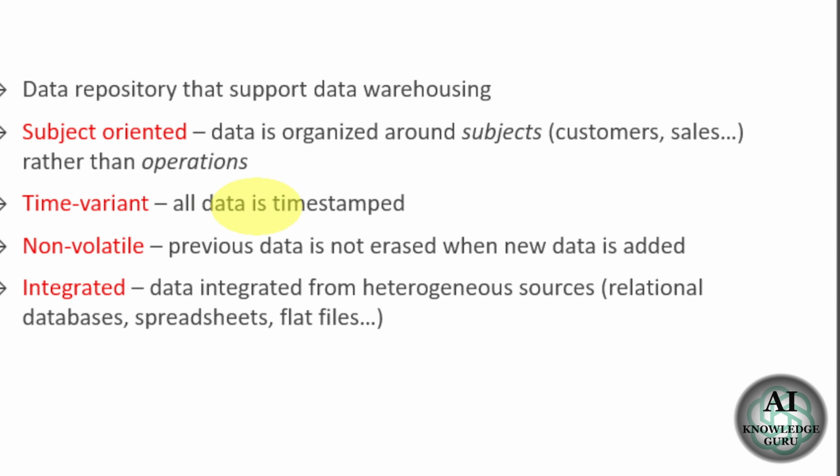Time variant. All data is time stamped: when the data arrived, which date, which time, which second. Non-volatile. Previous data is not erased when new data is added. Integrated. Data integrated from heterogeneous sources, relational databases, spreadsheets, flat files, from everywhere.